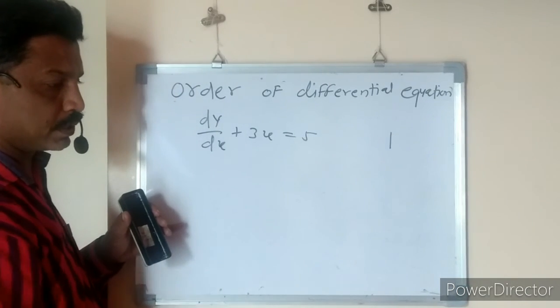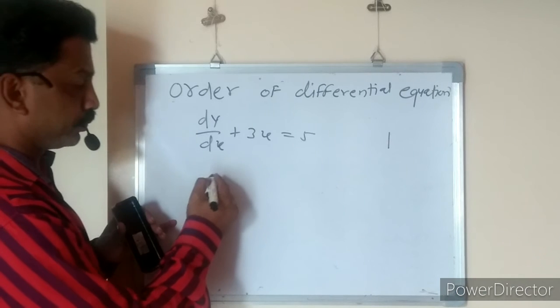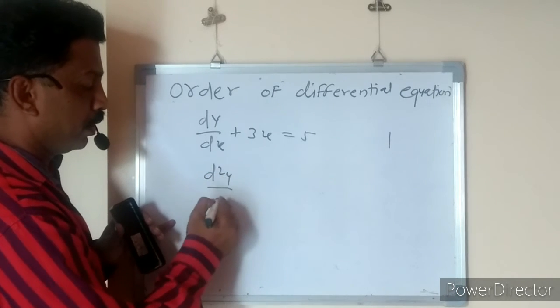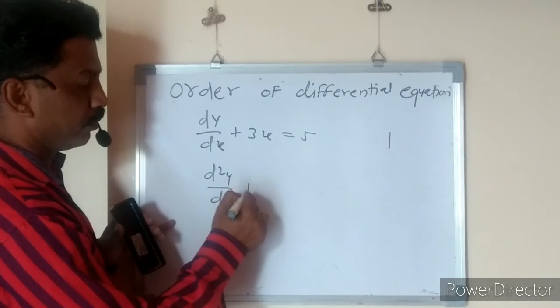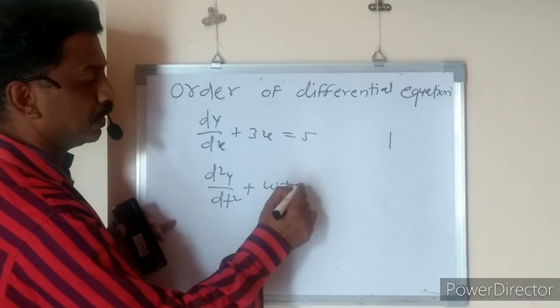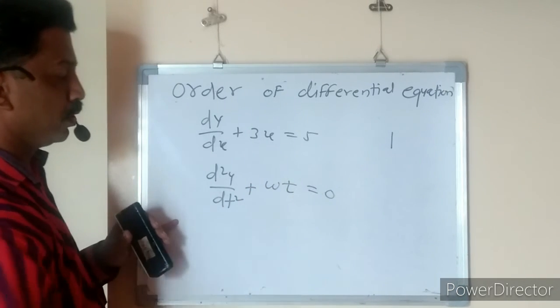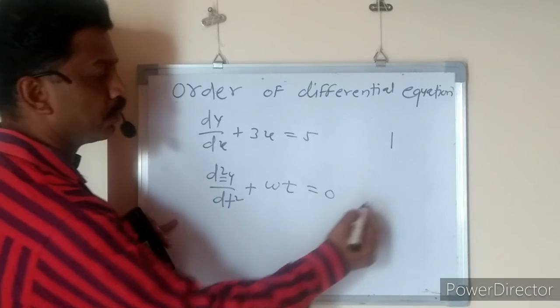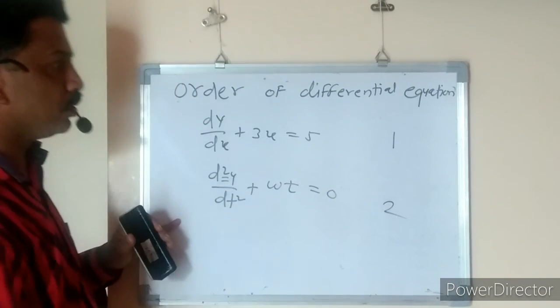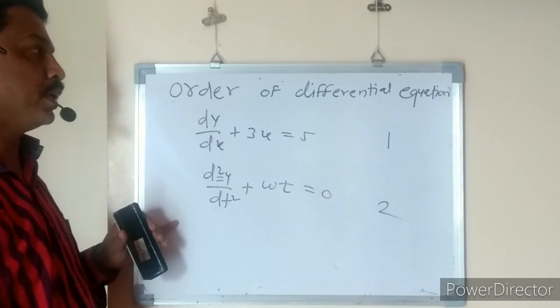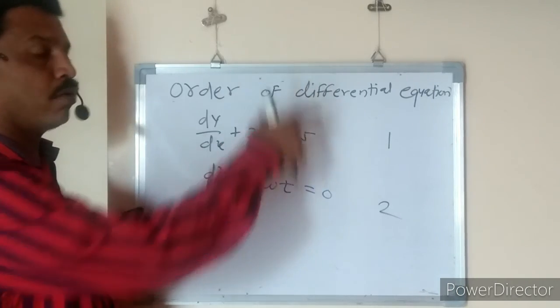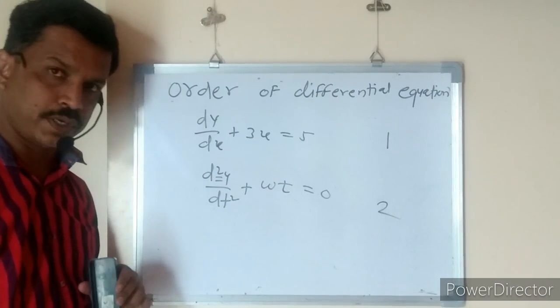If we take another example, d2y by dt square plus omega t equal to 0, the highest derivative is second order, therefore the order is 2. In this way we can easily understand the order of differential equation. Okay, thank you.